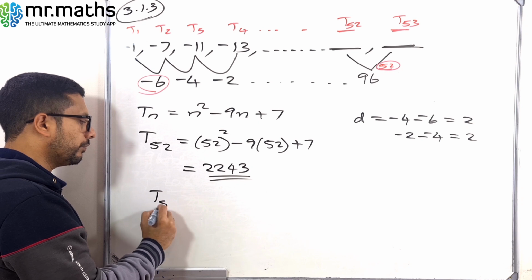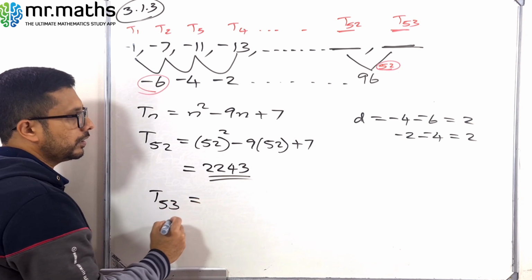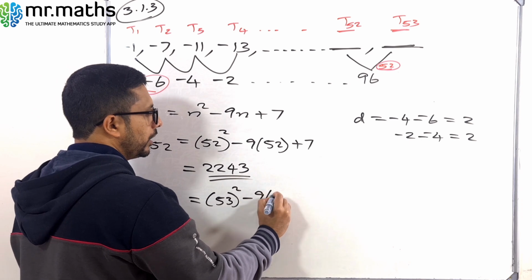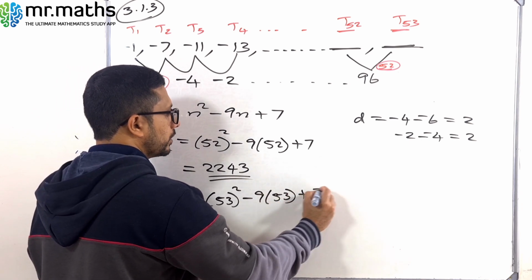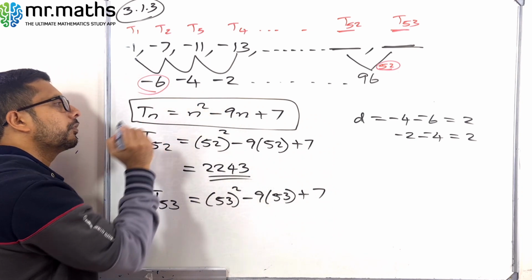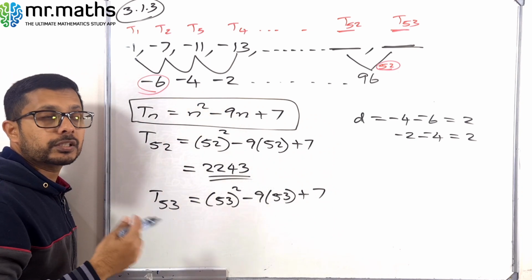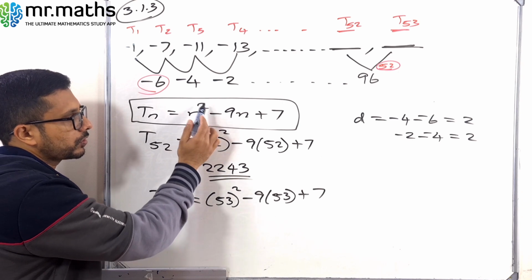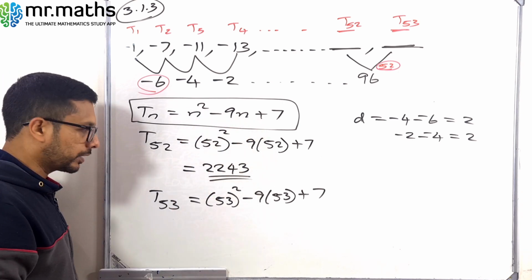So now T53, it is 53 squared minus 9 into 53 plus 7. I substitute, this is our nth term for the quadratic sequence. So I substitute 53 squared minus 9 into 53 plus 7.